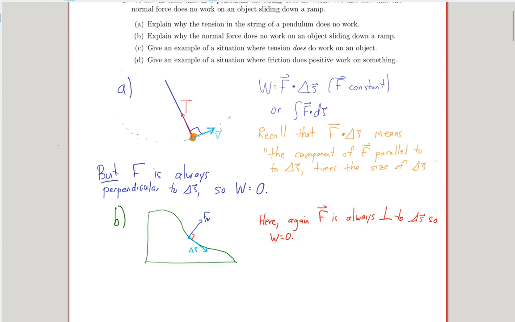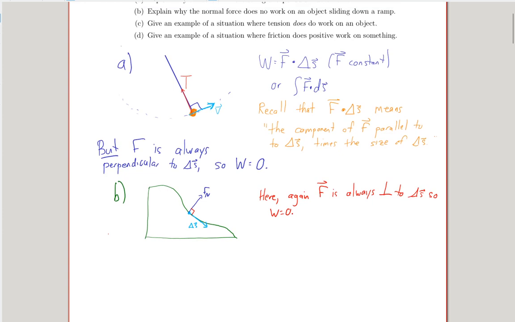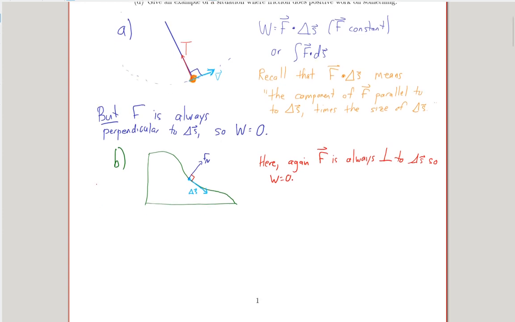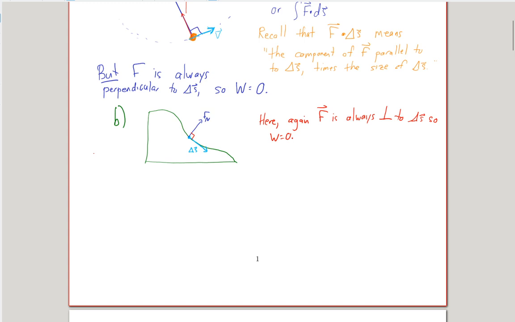Part C. Give an example of a situation where tension does do work on an object. These examples can be very, very simple.